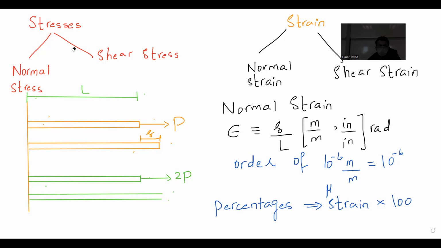Anyone? 2 times, right? For the same area, right? So let me make my best effort to make a 2 times. Okay, 2 times. So boom. This one is 2 delta. That's it.